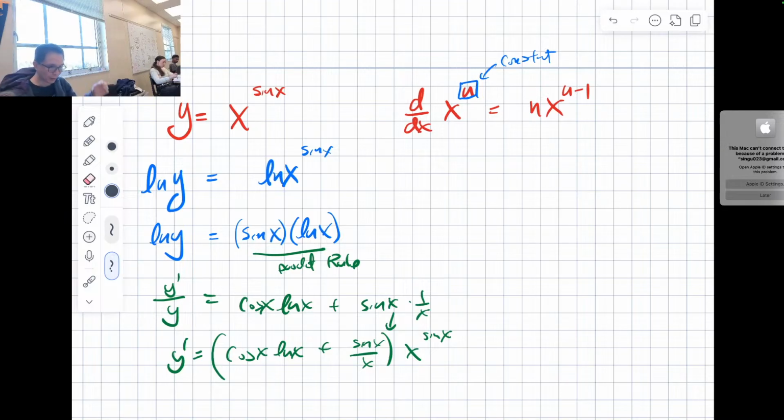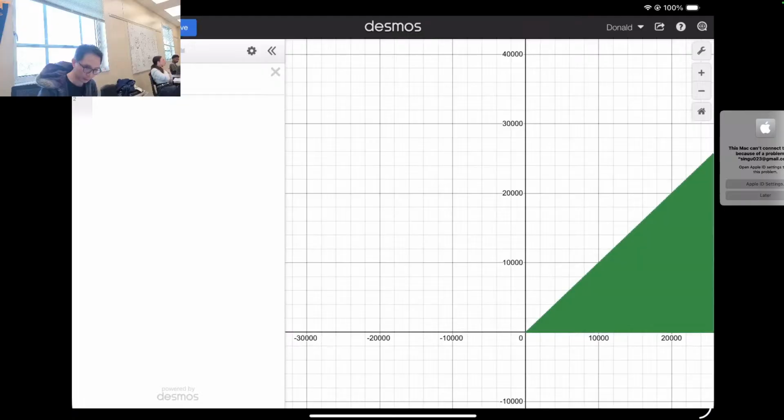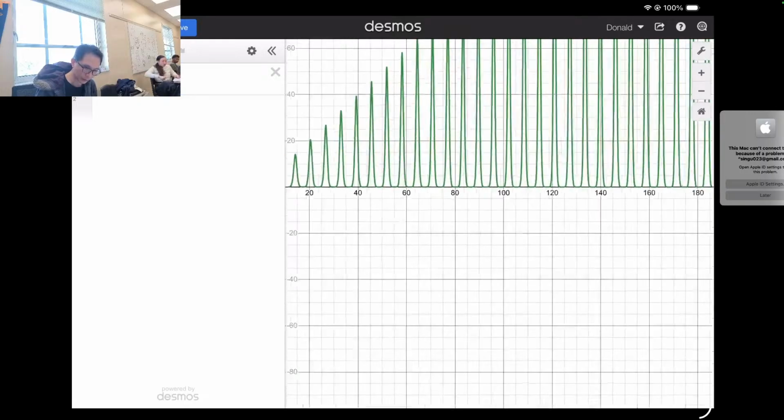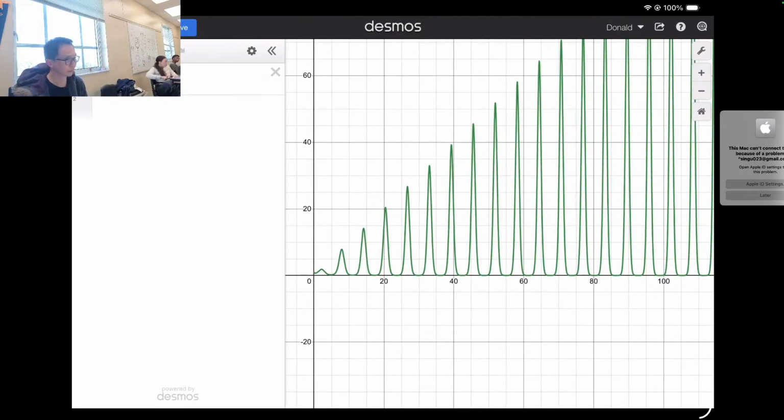Okay. So you guys say, what does that graph look like? It looks like this. You've never seen a graph look like this, but there we go. Can somebody tell me why that graph is only above the x-axis?